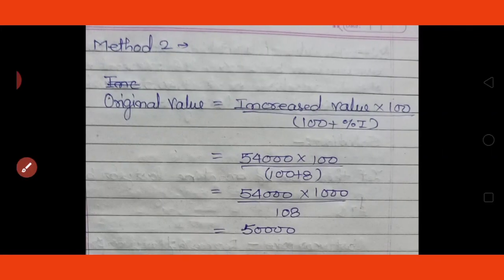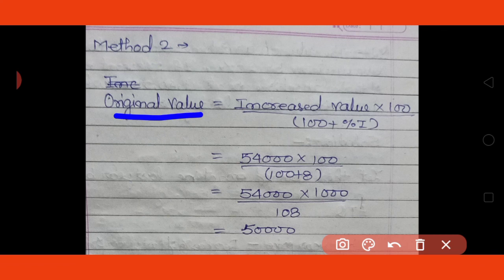The second method to solve this question, I have explained a formula. Whenever we have to know about the original value, then we have to use the formula: increased value multiplied with 100 upon 100 plus percentage increase. So you have to change the formula according to the question. That is the 1 year before population. This should be increased population multiplied with 100 upon 100 plus percentage increase of the population.